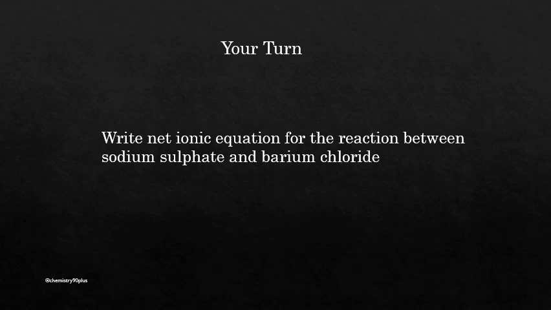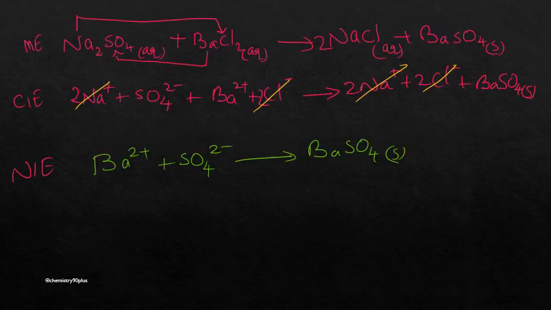Now you can try writing a net ionic equation for the reaction between sodium sulfate and barium chloride and check your answer. You must have these equations in front of you now. The molecular equation: Na2SO4 plus BaCl2 gives you 2NaCl plus BaSO4. That is the balanced chemical equation.